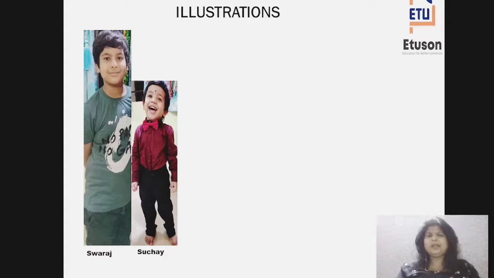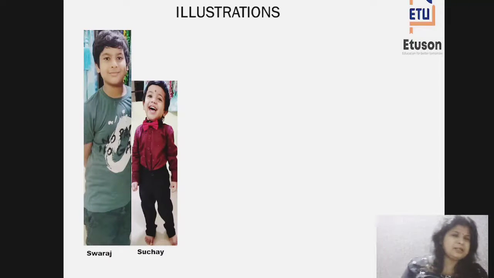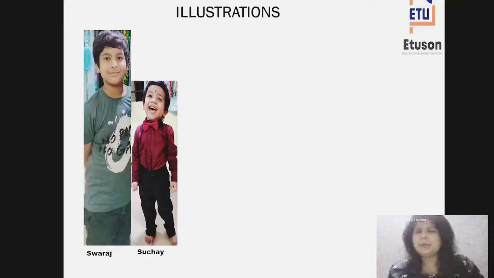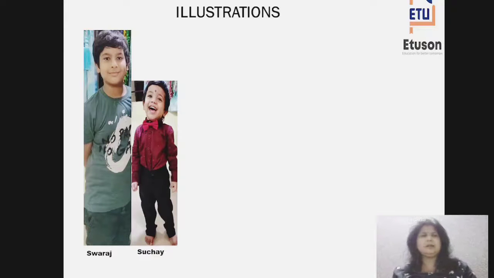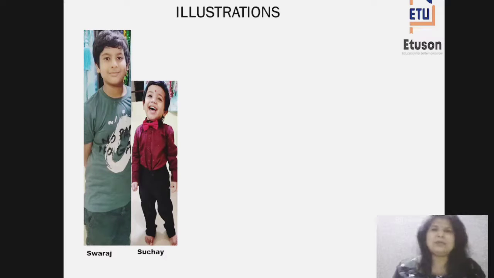Definitely we will do some guesswork. The younger one looks like a baby, maybe 1 year or 1.5 years or 1 year 8 months, and the elder one maybe 8, 9, or 10 years. Some brainstorming will happen, and you will be guessing. You may not get a certain answer to it.